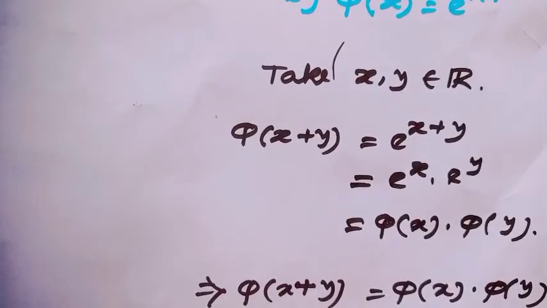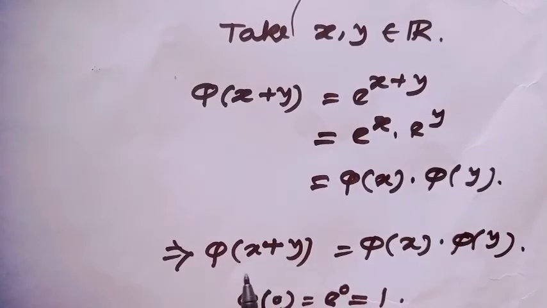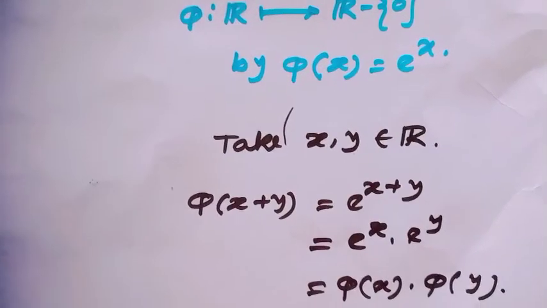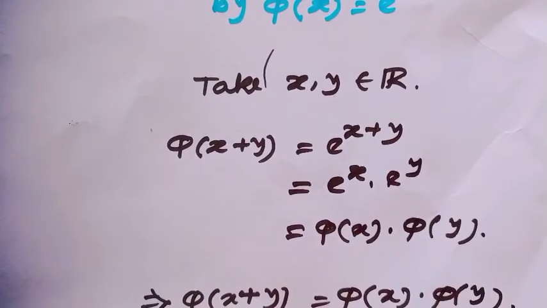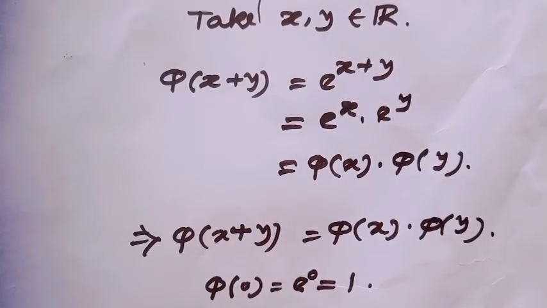That means from this line we can write phi of x plus y equals phi of x times phi of y. So this map satisfies the homomorphism. And also notice what will be the identity element? Phi of 0 equals e to the power 0, which is equal to 1.